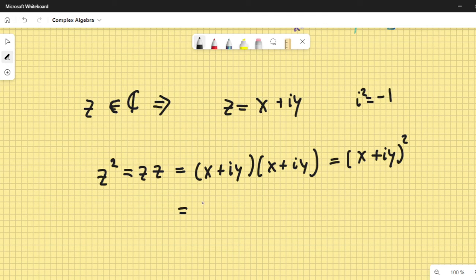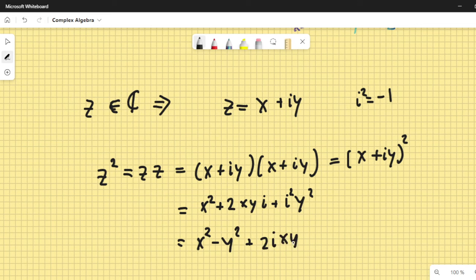Now, it's the square of the first, plus double the product, 2xy and the i, plus the square of the second, which is i squared y squared. Now let's do the computation: x squared, i squared is minus 1, so we have minus y squared, and 2i x y.